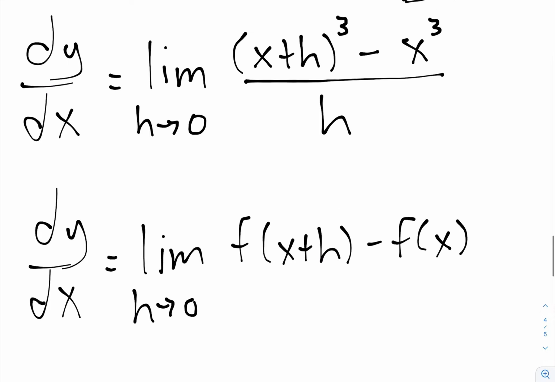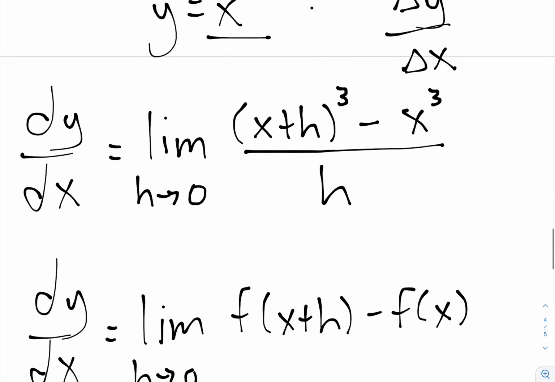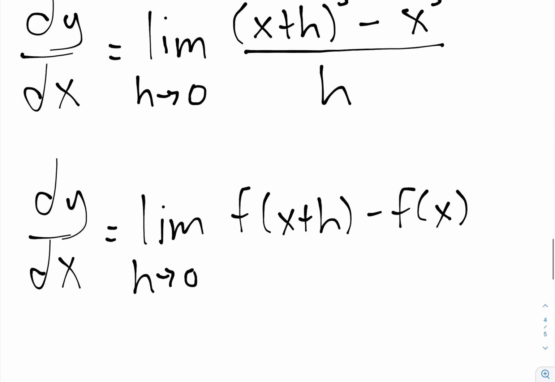Like I just said, we did it with x cubed, but all we're doing is putting x plus h into the equation wherever we see x, and then subtracting the original equation, divided by our change in x, which is just h.